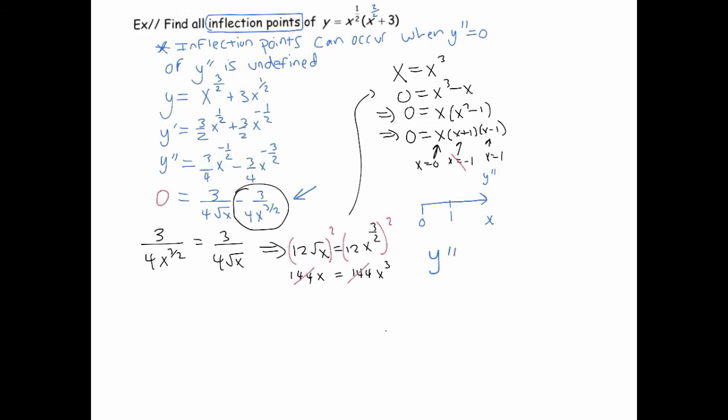So y double prime of 9 equals 3 over 4 square root of 9 minus 3 over 4 times 9 to the 3/2, which equals 3 over 4 times 3, which is a fourth, minus 3 over, so 9 to the 3/2 is the square root of 9, which is 3, cubed.